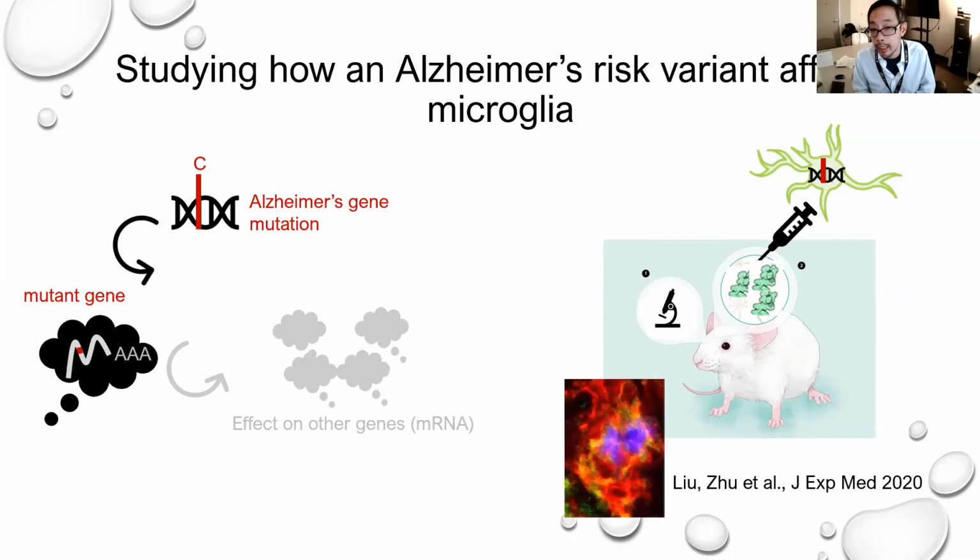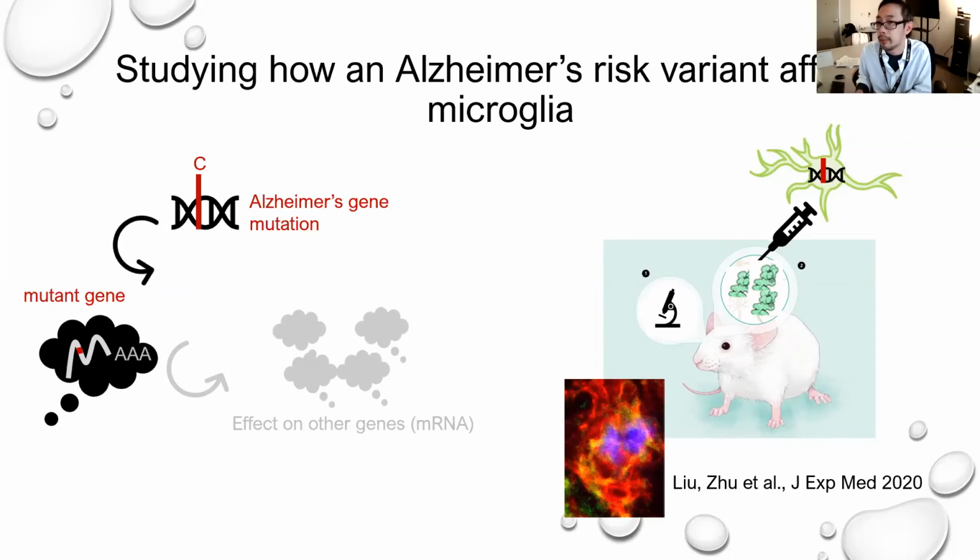So in essence, what we're doing is we're trying to translate what the microglia are thinking, so basically the expression patterns of the mRNA in the microglia, and correlate that with what the microglia are actually doing within the brain. So we can identify protective activities in the microglia.